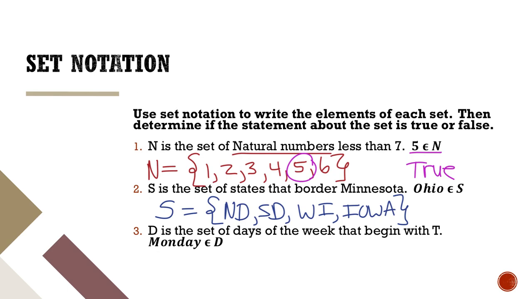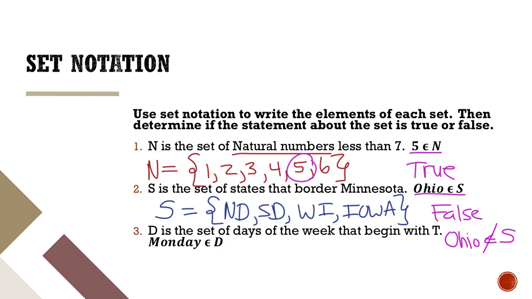And close the bracket. Now, is Ohio part of that set? Well, that is false. Ohio is not an element of S. And that's one way we could write it as not being part of it. But it's asking true or false.